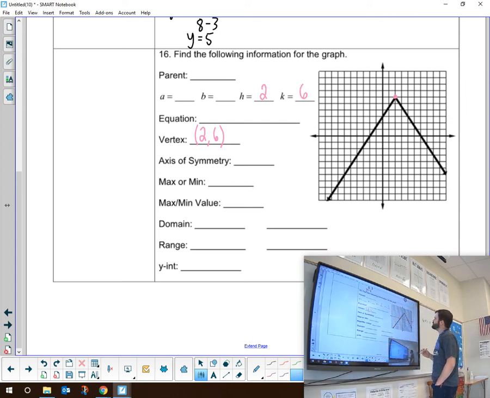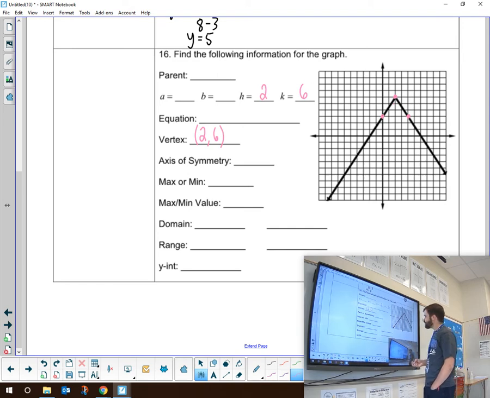Then we're going to see if I have any kind of stretch in my graph. So let's see here. We're going to go down 1, 2, 3. So we pick 2 points, and you're kind of counting the slope of your graph, okay?